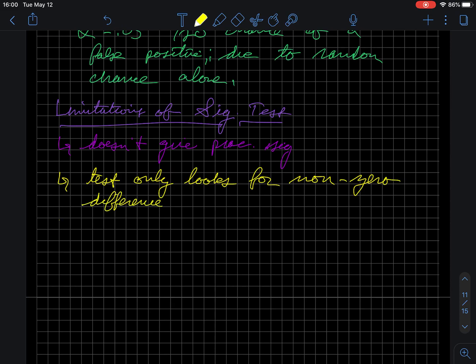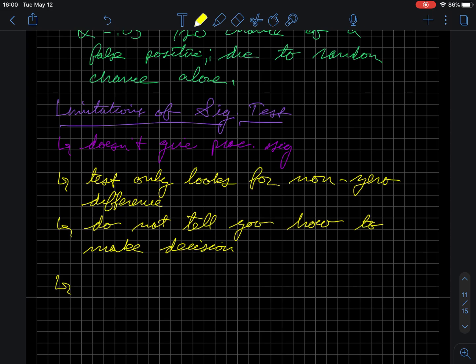Significance tests also do not tell you how to make a decision. Even though there may be a decision in place, that comes from you. The other part is that confidence intervals tend to be more useful than a point estimate.